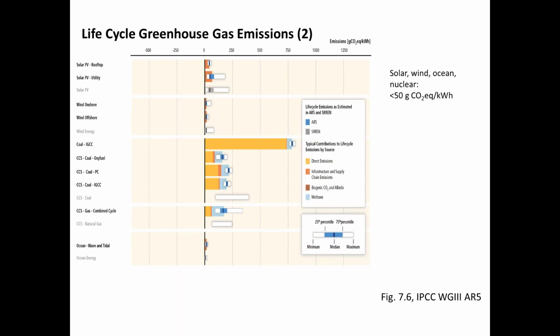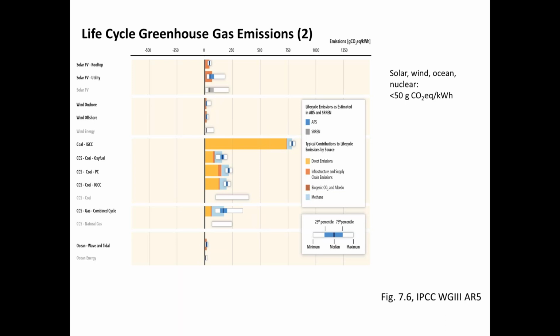Now this is the second part of the figure. Here we see, in addition to PV and wind, CO2 capture and storage. And in the case of coal, also an advanced process of more efficient coal combustion through integrated gasification combined cycle.